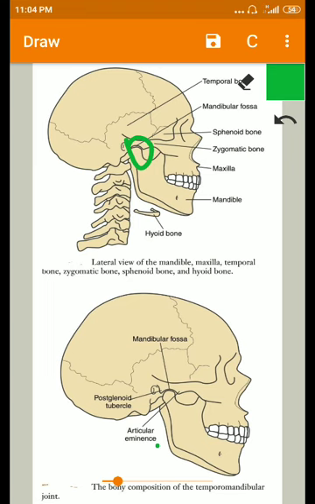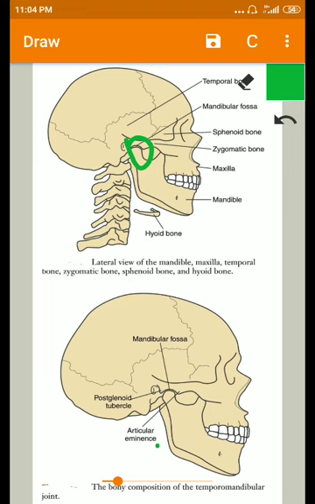This chapter will introduce the temporomandibular joint structure as well as the function of the temporomandibular joint.